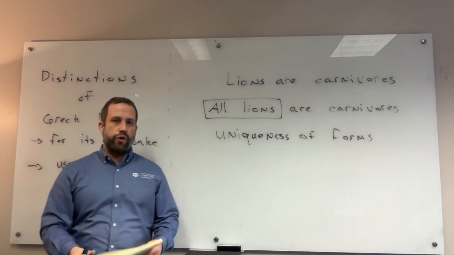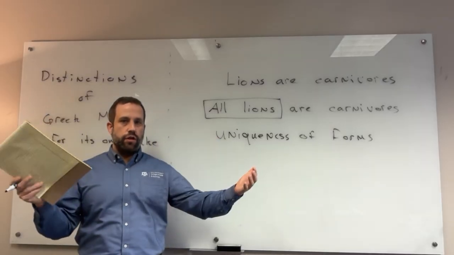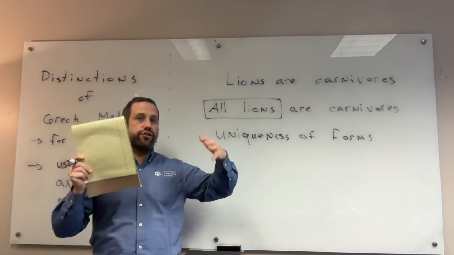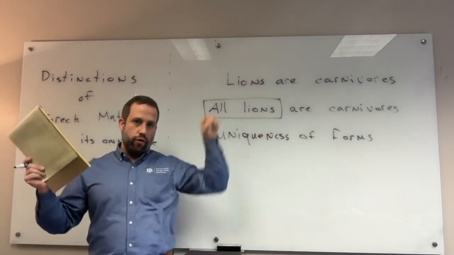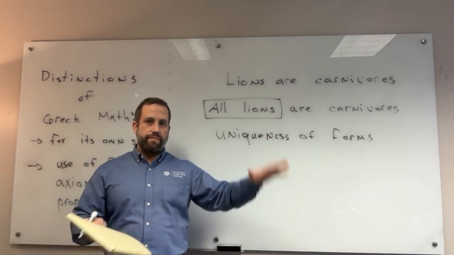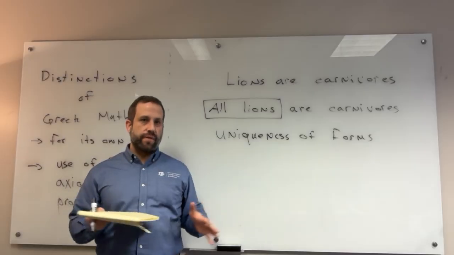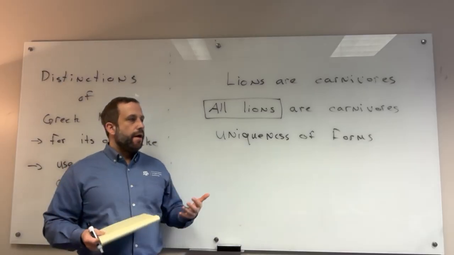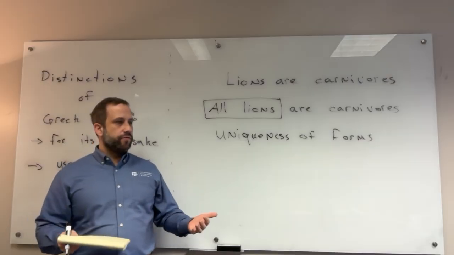There's not a storehouse of circles that we pull from, and then in that process it gets distorted or something. These are idealized versions. They are unique.